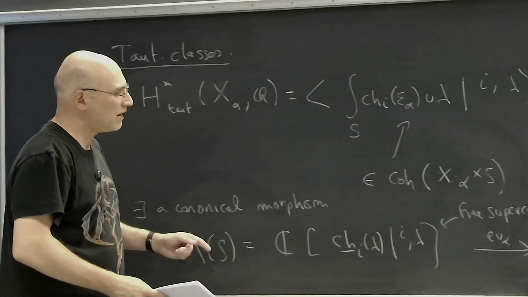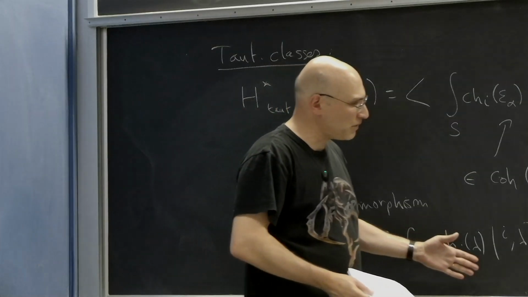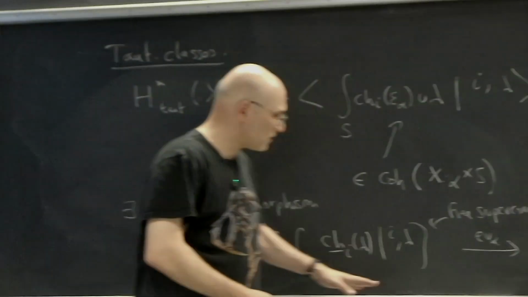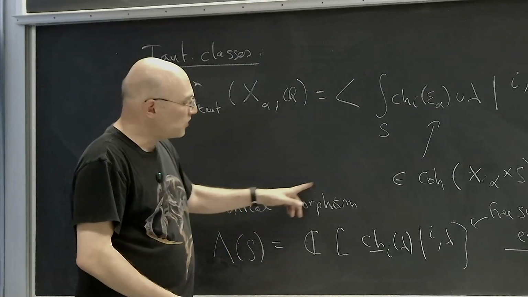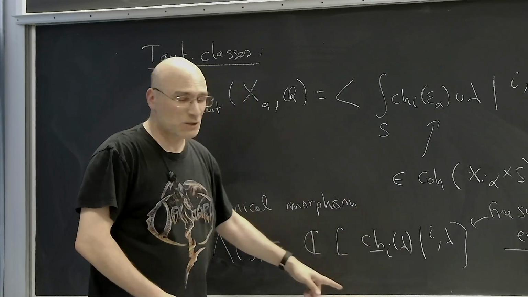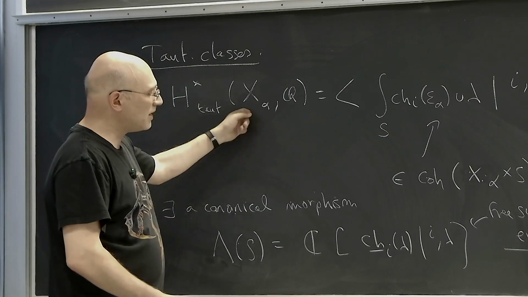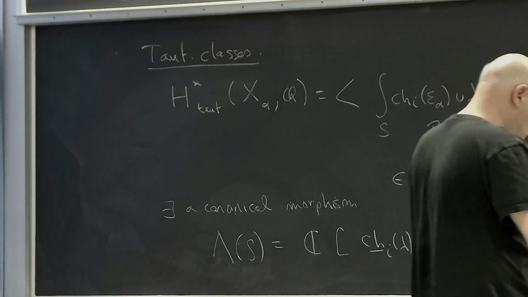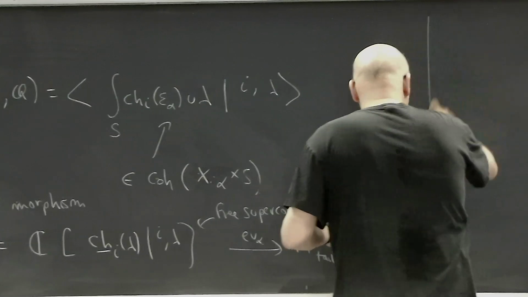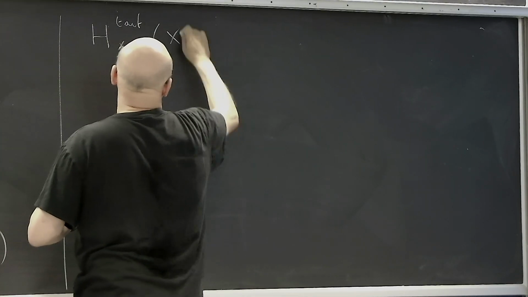I think Junliang considered that without saying it. When he was talking about the relations between the tautological classes, he was just considering the kernel of this evaluation map. So we have this universal ring of tautological classes, and whenever we fix a moduli stack, we can just evaluate it through this formula. Finally, let me denote the tautological homology of X alpha.